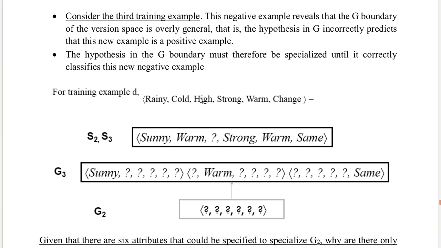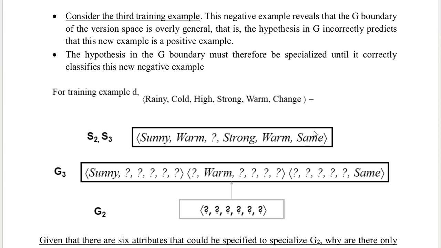The third attribute is high in the training example, but the third attribute is not making any impact on whether it is a positive or negative example. The fourth and fifth attributes are the same in the negative example as well as in the hypothesis, so it is not needed to update them in G. And if you look at the last attribute, it is change in the training example, whereas it is same in the S2.